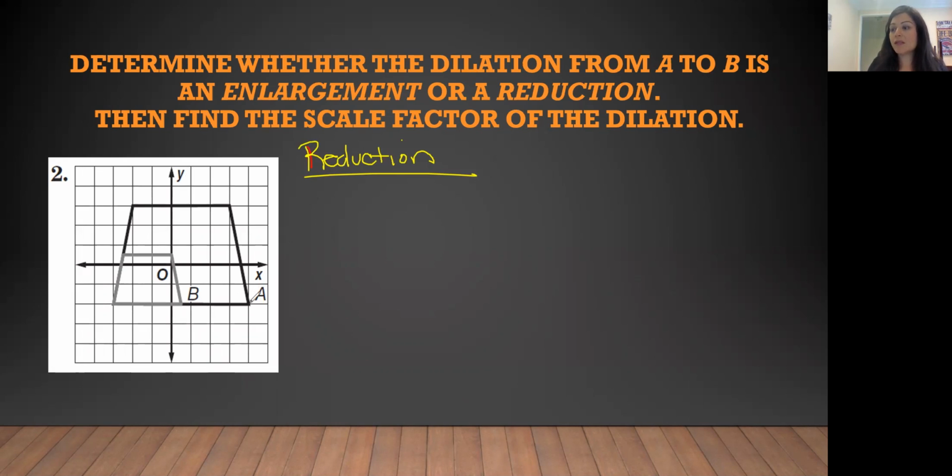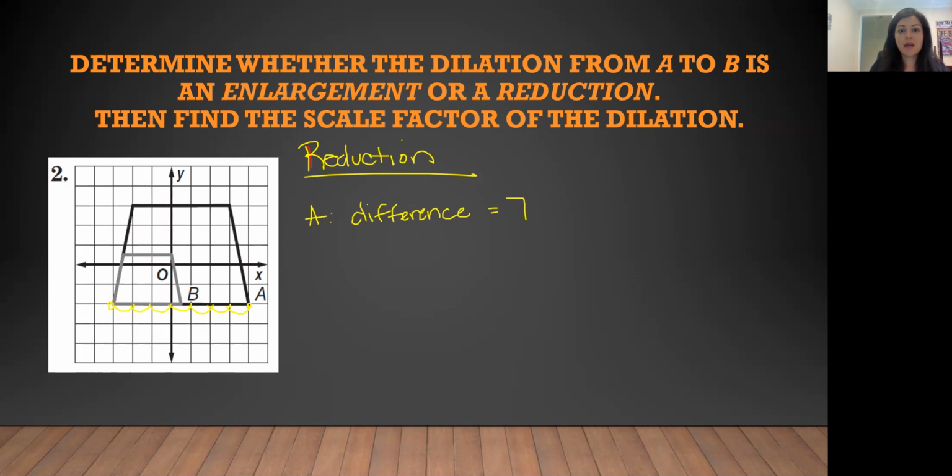Let's look at A. We're going to look at the corresponding vertices. I'm going to look at this one here and this one here. The difference is going to be 1, 2, 3, 4, 5, 6, 7. So for A, the distance between the two vertices is equal to 7.